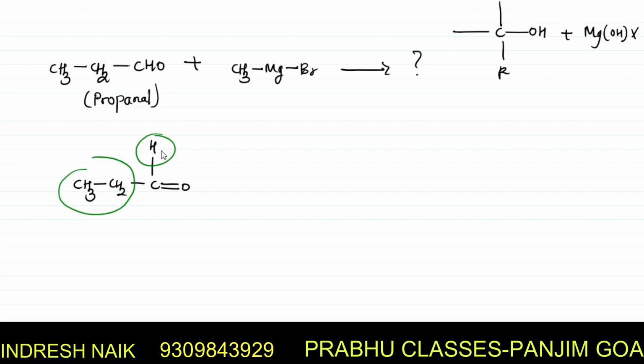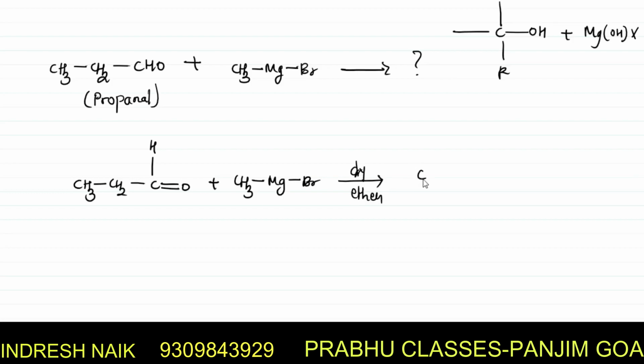I am reacting this with the Grignard reagent, methyl magnesium bromide, in the presence of dry ether. What do you get? CH3CH2, H as it is, and this changes to OMgBr, and this is the CH3 from the Grignard reagent.